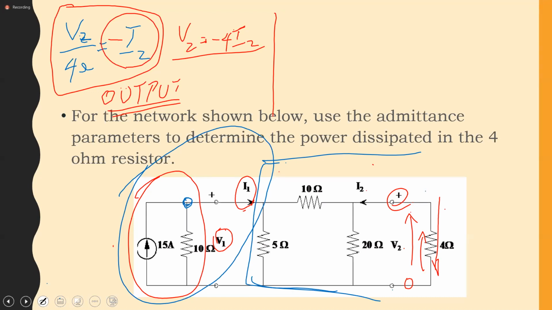So you're going to apply the current law at that point. What do you know? You know that 15 amperes is flowing into the node. What else do you know? You know that I1 is flowing away from the node. So you need an expression for the current flowing through the 10. Everybody agree with that? So I1 is going to be equal to 15 minus the current through the 10.